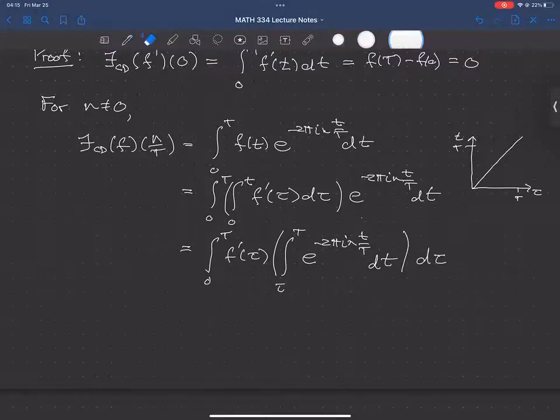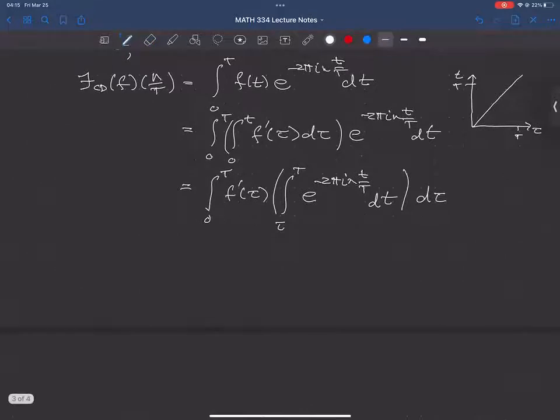Now this integral is easy, so do it. I'm going to get minus, since when I integrate I'm going to divide by all that stuff, minus T over 2 pi i n, and the integral from 0 to capital T of f prime of tau, times the stuff I get when I integrate.